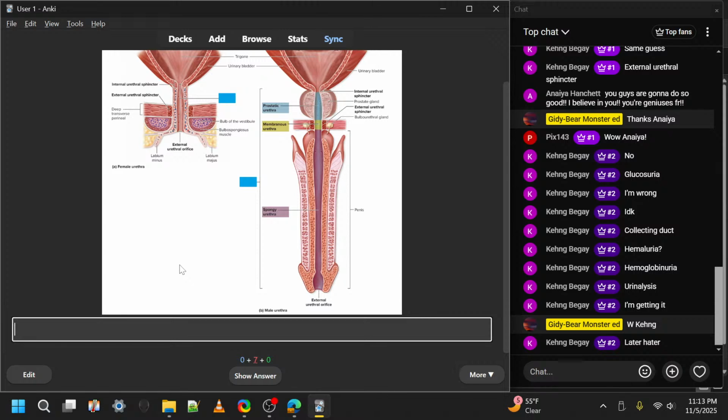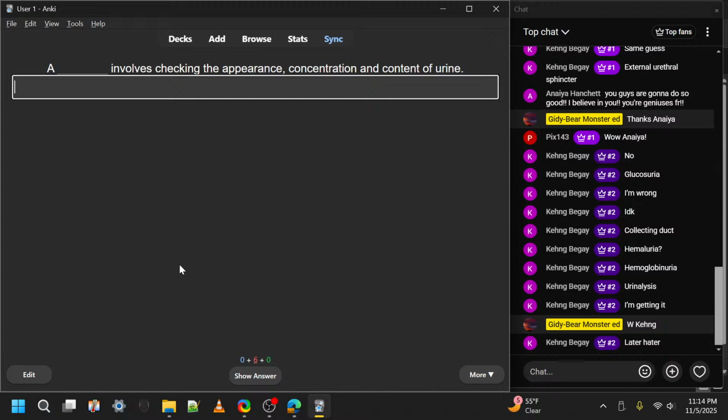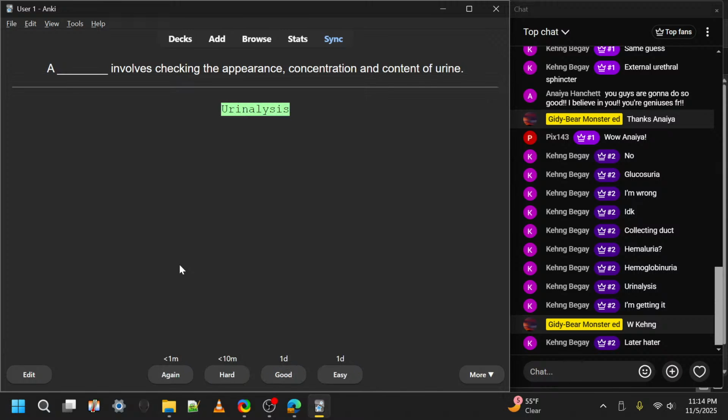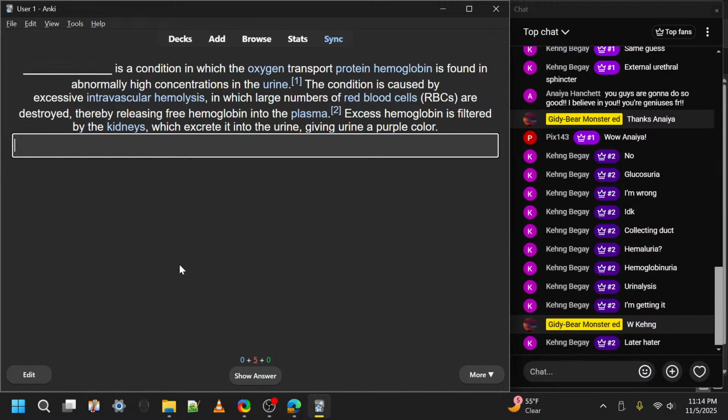The blue is the urethra. A blank involves checking the appearance, concentration, and content of urine. Urinalysis. Okay, so hemoglobin. Hemoglobinuria.